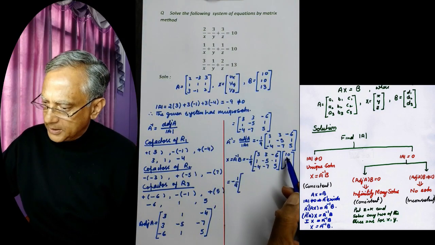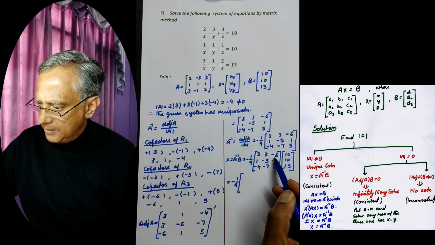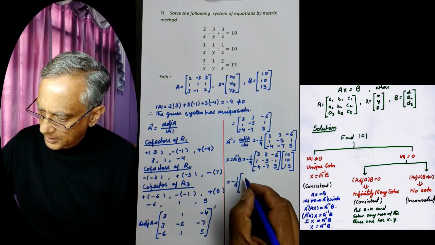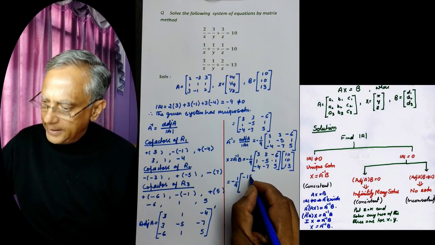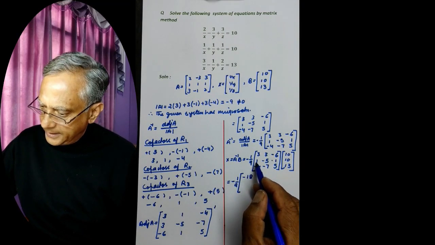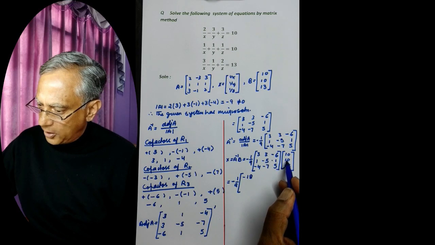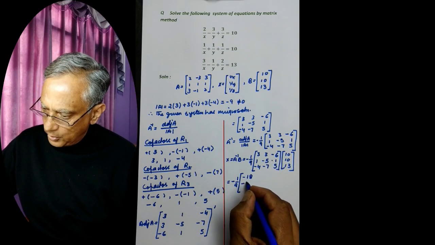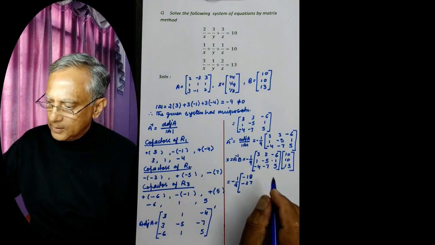So this will be 30 plus 30, 60, 60 minus 78 will be minus 18. Now this will be 10 minus 50, minus 40, minus 40 plus 13 is minus 27.